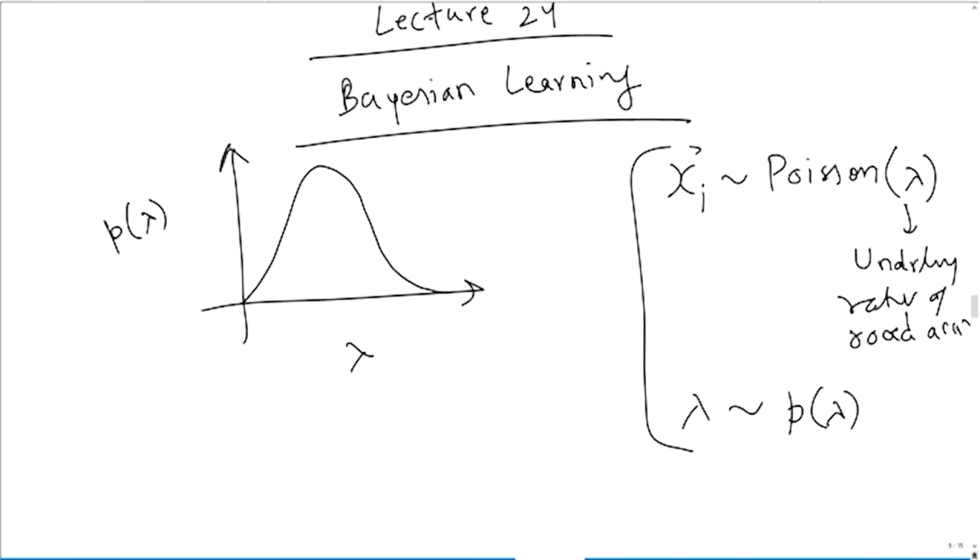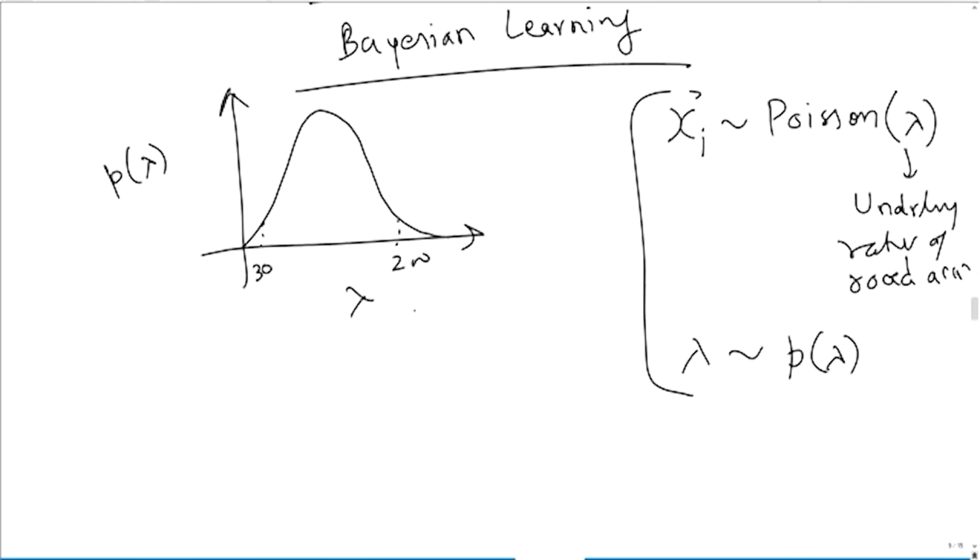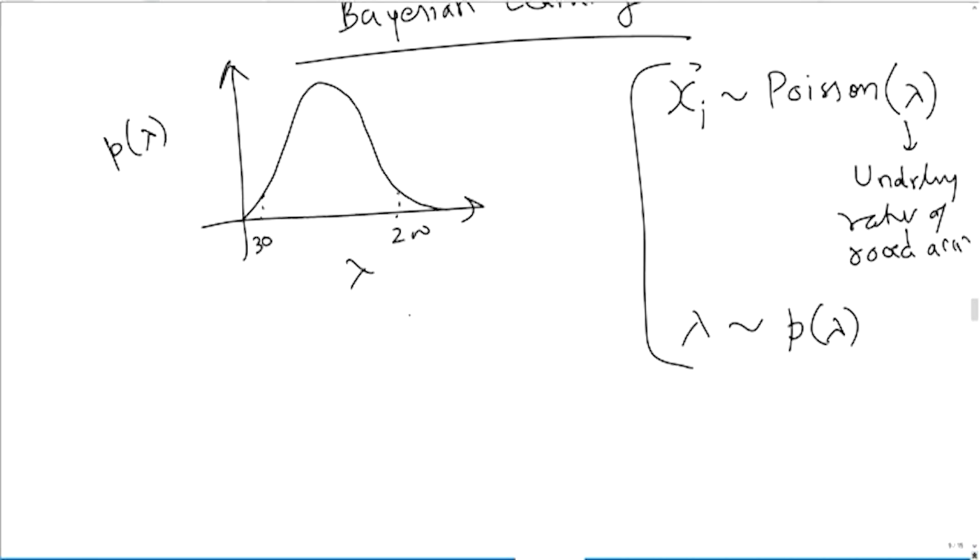So let's say this 95% region is between 30 and 200 or something like that. So this is your current belief before even seeing any data. You think that the underlying rate of road accidents could be anywhere between 30 and 200. Okay, so that's your prior distribution.